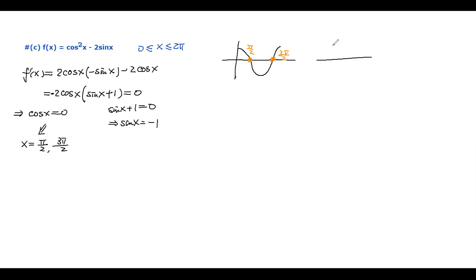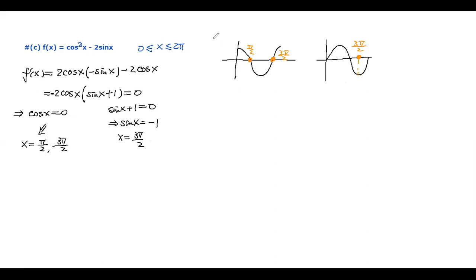Then the same way for sine, it is like this, right? So sine is equal to negative 1 at this point here. So what is this one? It's 3 pi over 2. All right, so when sine x equals negative 1, I get x equal to 3 pi over 2. Okay, so good.